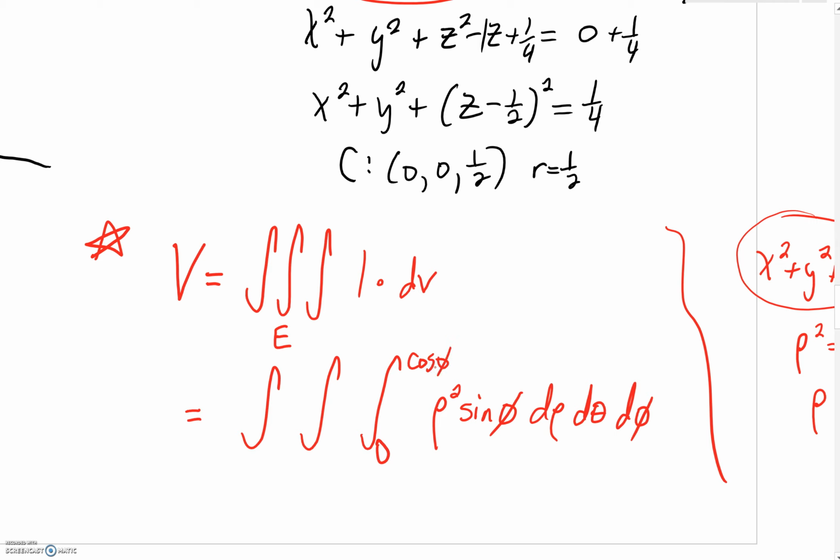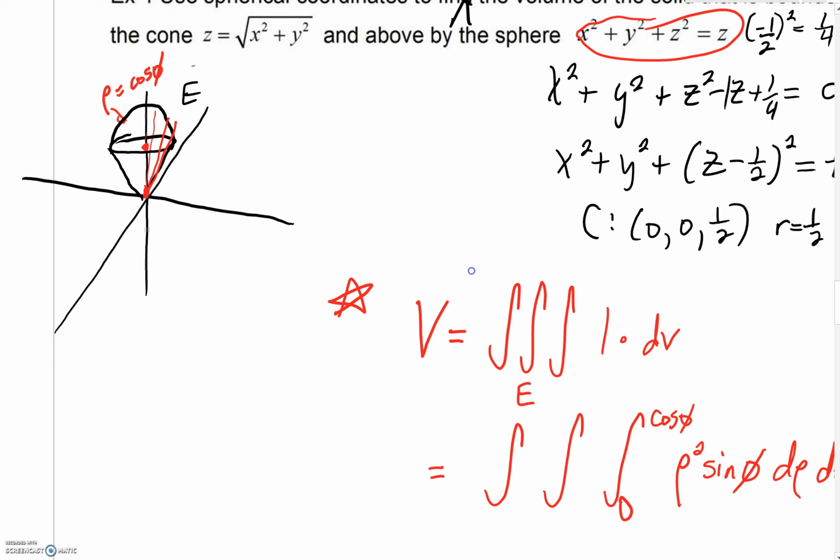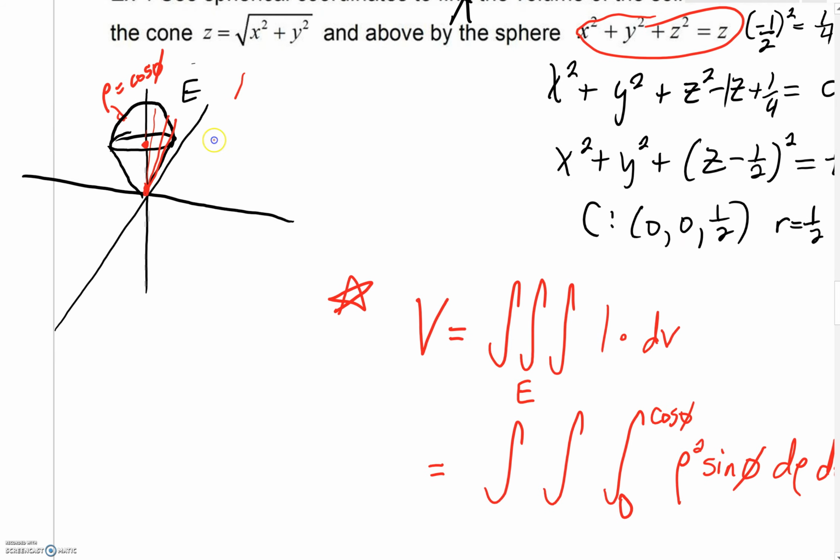Now, as we're looking at this cone right here, that also begs the question: you worked with that top portion, what about down below? Well, remember that z, we just saw this a moment ago, was rho cosine of phi.